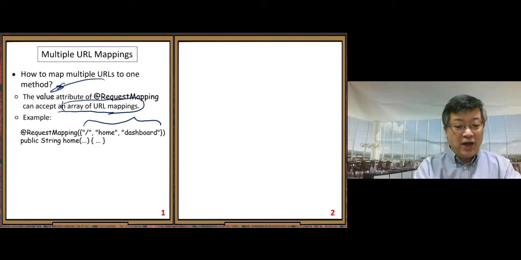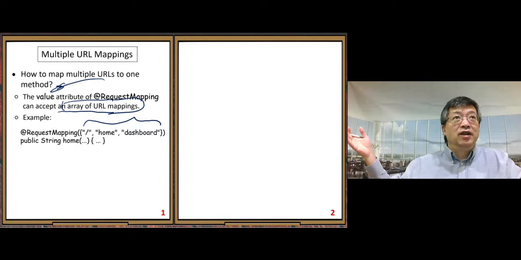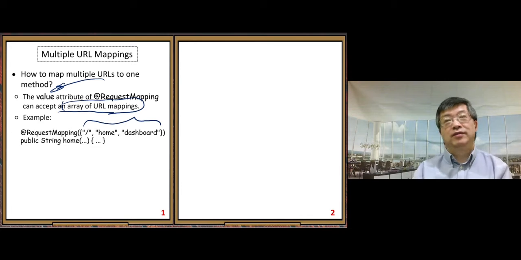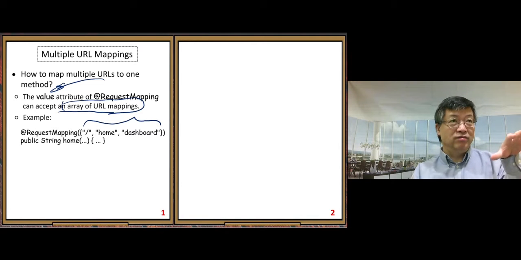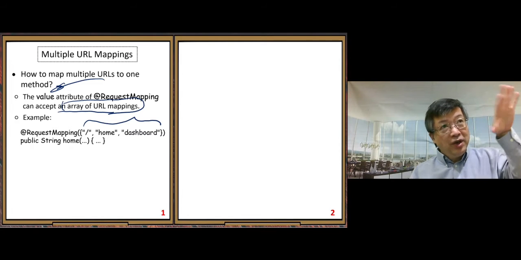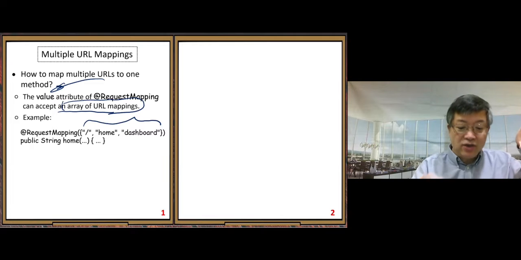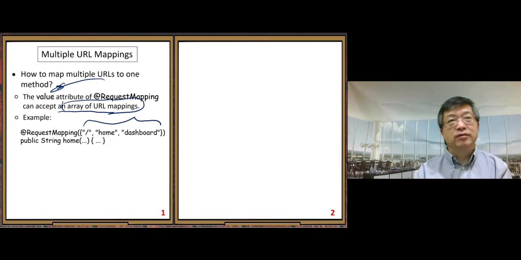Slash, so that means after slash nothing, this method can be called. Then home, we need to inherit from the previous parts, then add this home. Dashboard, and so on. So you can understand the meaning easily.